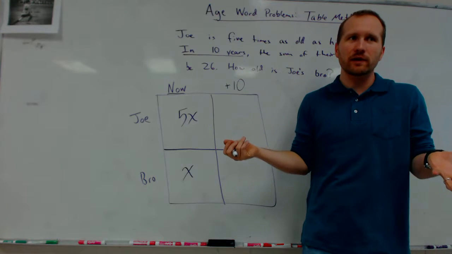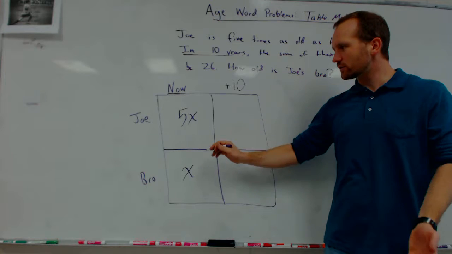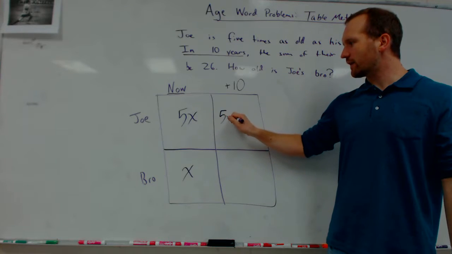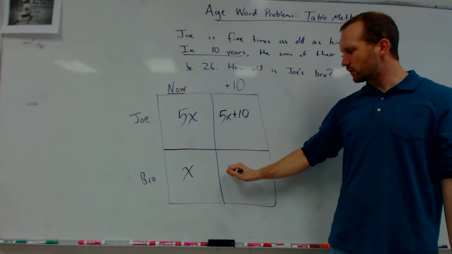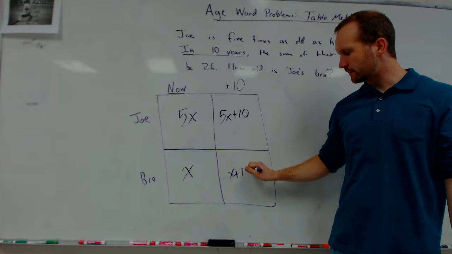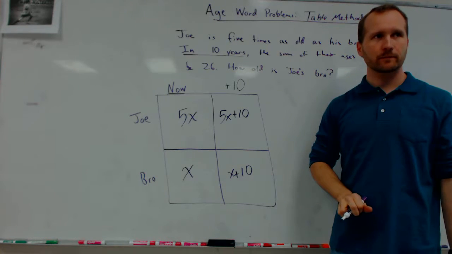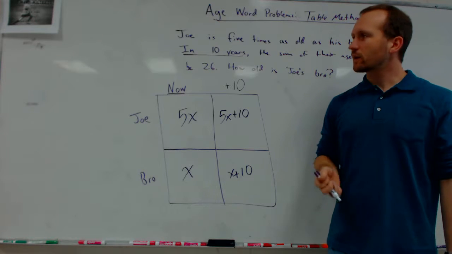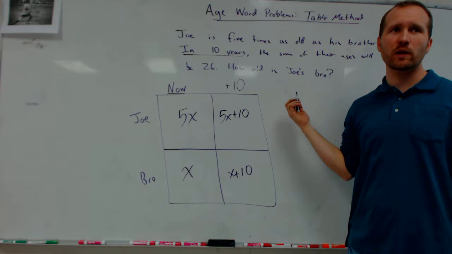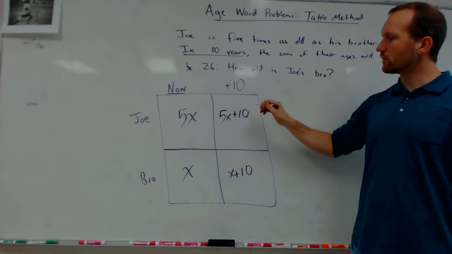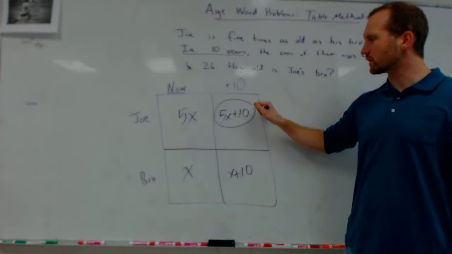But I already know how old they are. In 10 years, Joe will just be 5X plus 10. And his brother will just be X plus 10. Now, the last part of the sentence is going to tell me how to write an equation. So I know this is Joe's age in 10 years.